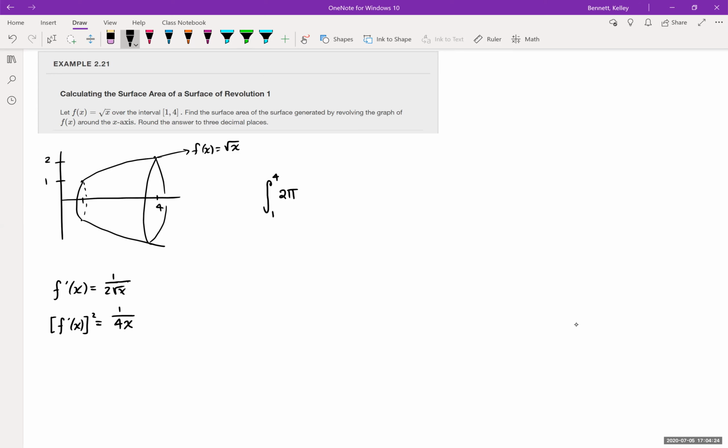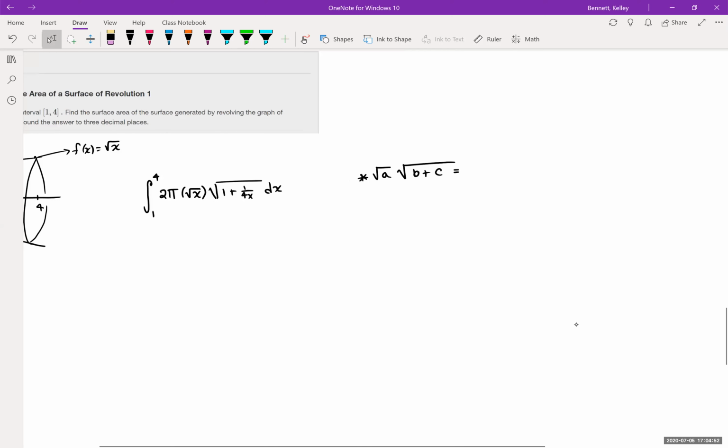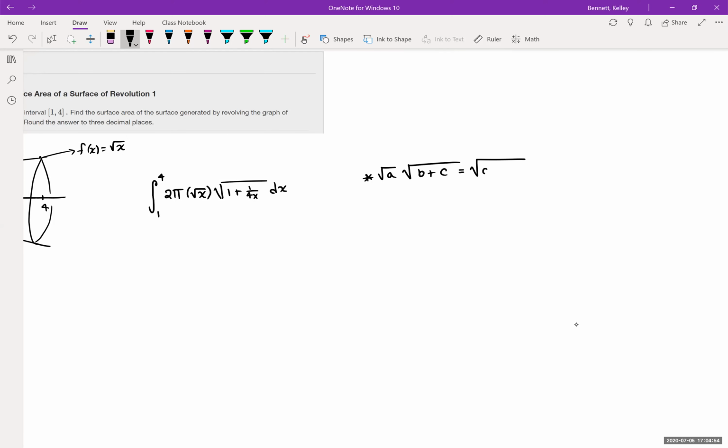2 pi times the radius. The radius was just the function, which was root x, times the width, which was the square root of 1 plus 1 over 4x dx. And so now I'm going to push in this x. The principle I'm using here is that if I have the square root of a times the square root of b plus c, I get the square root of ab plus ac.